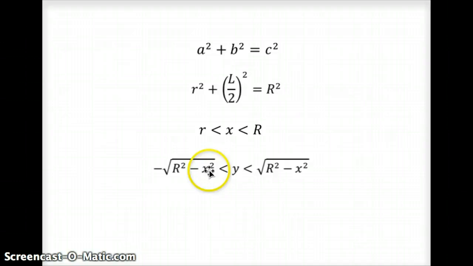But instead of little r squared, you have x squared, so I think you have to substitute in x for little r. So y is between the negative and positive value of this expression.